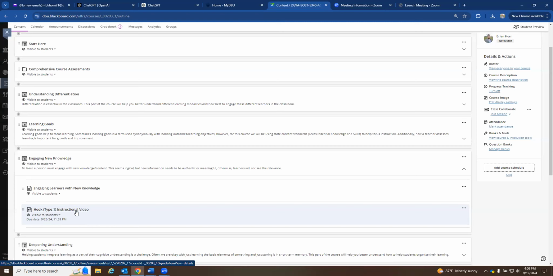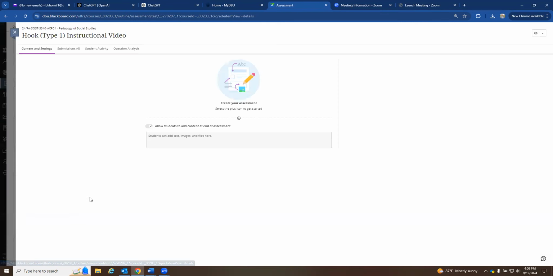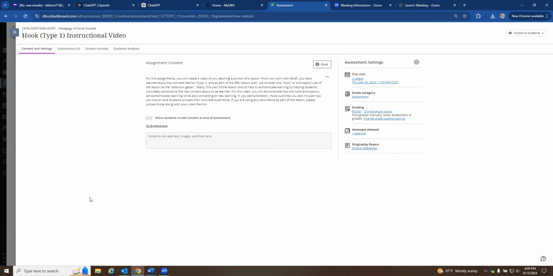You can go back to your format wheel and look at the type 1 lesson you have listed there. However, that is certainly not the type 1 lesson or hook lesson that you have to use for this assignment.